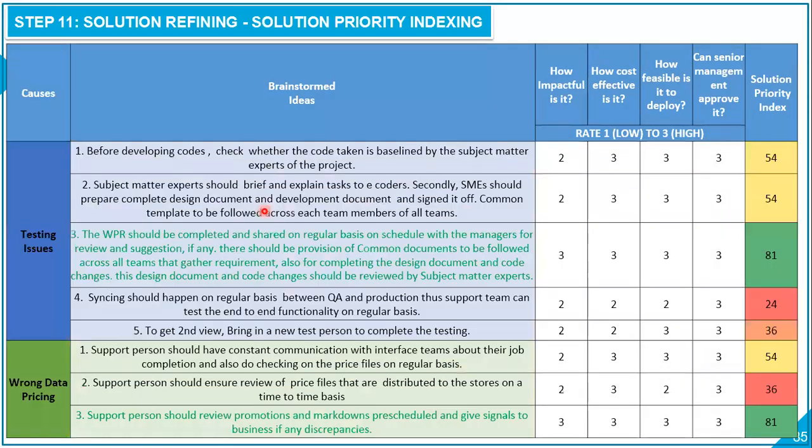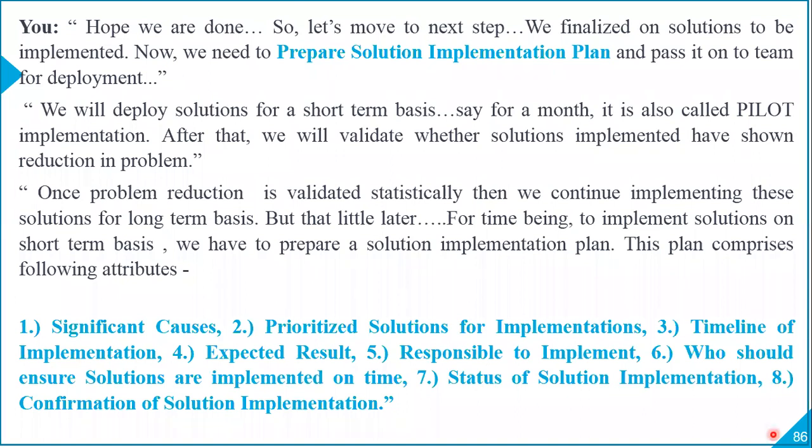These are the next two causes and their solutions, and these are the solution priority indexes for those solutions. So we are done with the first two steps of the improve phase.